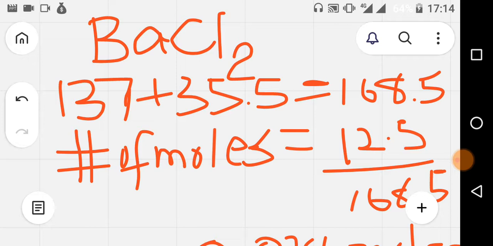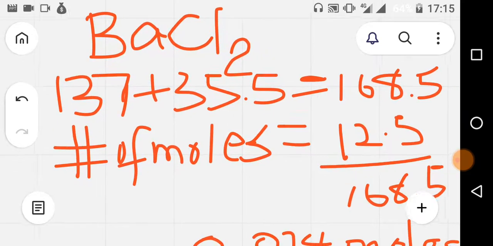So here's what you do. The molar mass of barium is 137, so this should be multiplied by 2. So this is incorrect, it's much smaller than that.